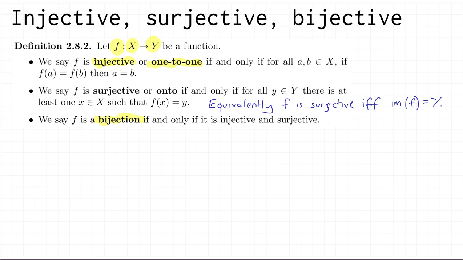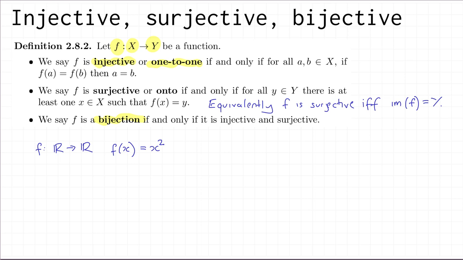So this is a lot of definitions. Let's look at some examples to illustrate these definitions. If I take, to begin with, the function f, whose domain is the real numbers and whose codomain is the real numbers, defined by f of x is equal to x squared, then this function is not injective.